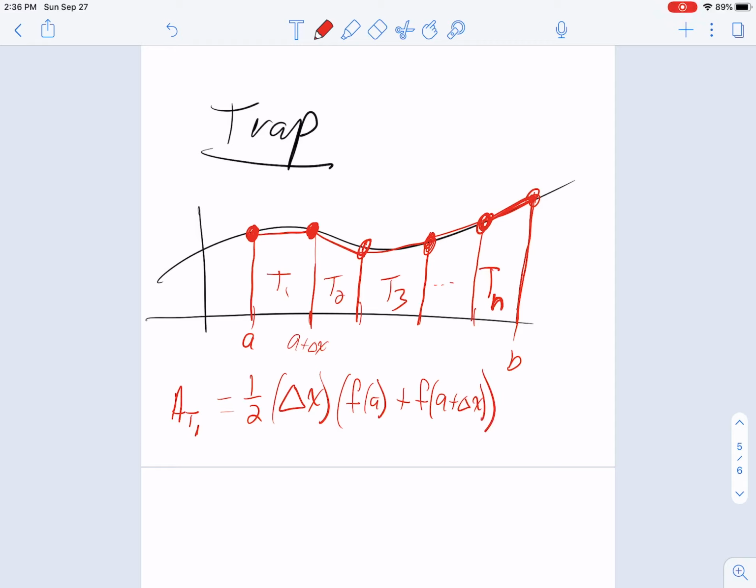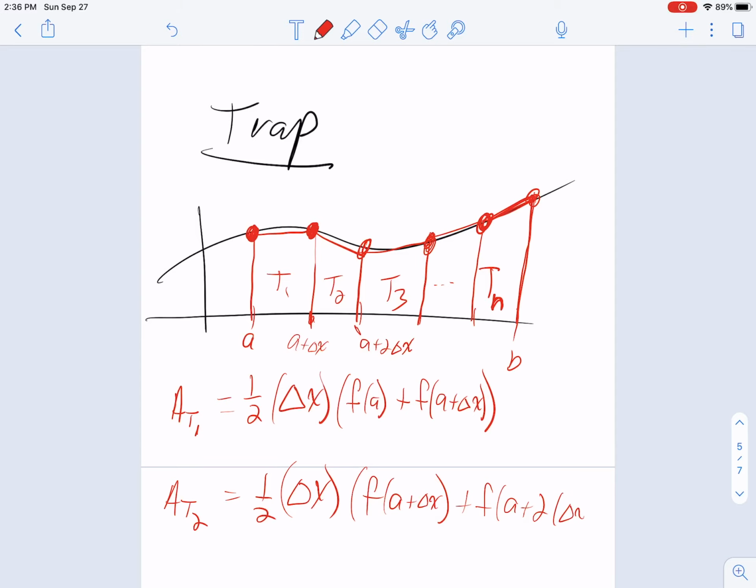And the area of trapezoid 2 is 1/2 delta x times f of a plus delta x, and this guy is a plus 2 delta x, plus f of a plus 2 delta x.